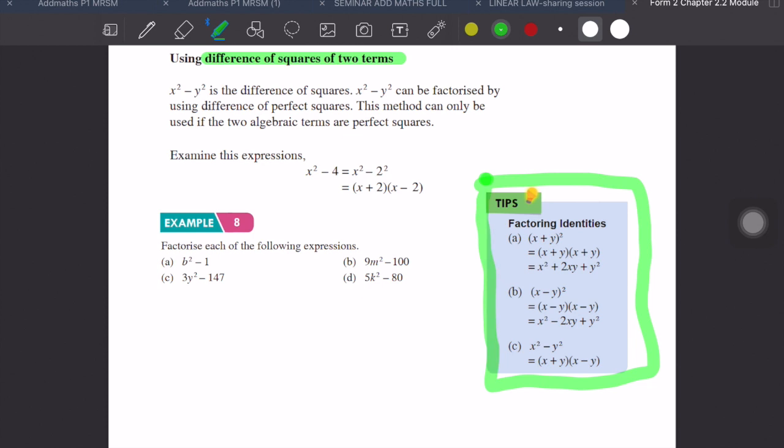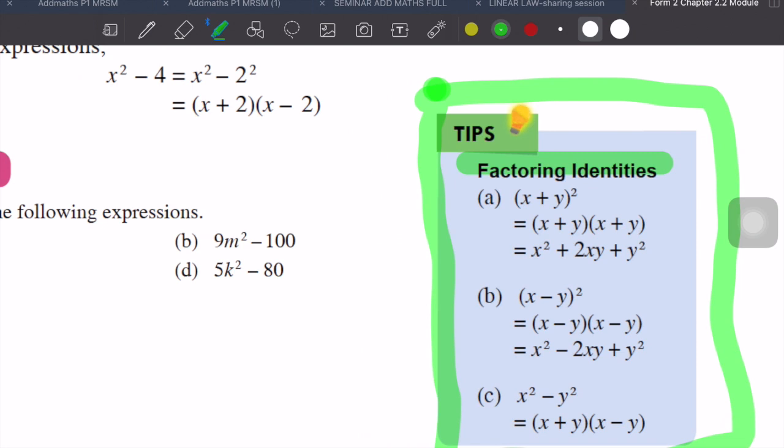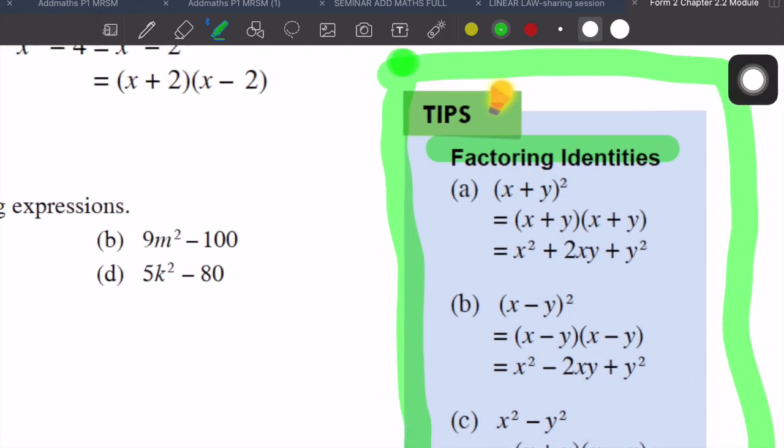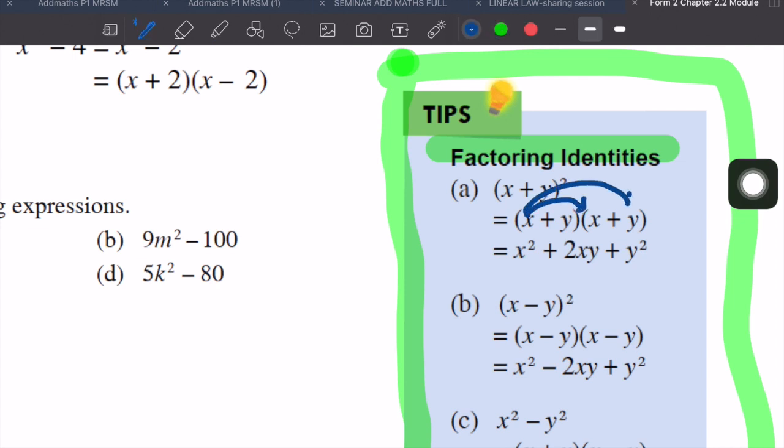First you need to identify the factoring identities. So if you have x plus y square, it's actually 2 times this bracket. So x plus y, x plus y, and then kita expand dia macam biasa, macam yang kita belajar last week, one by one. Ataupun you can use box method.